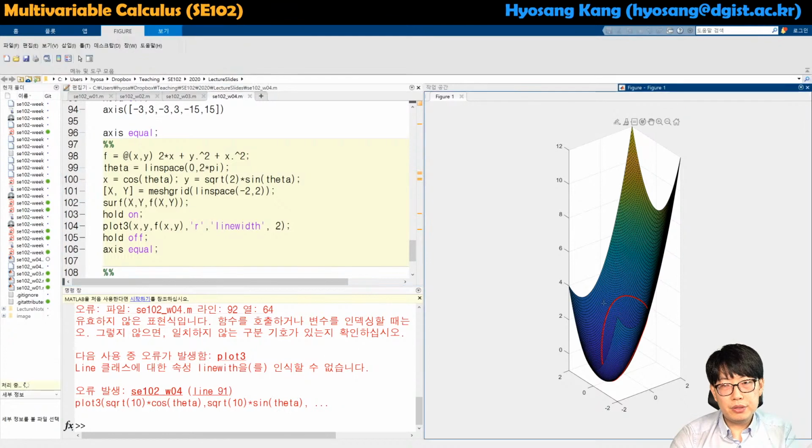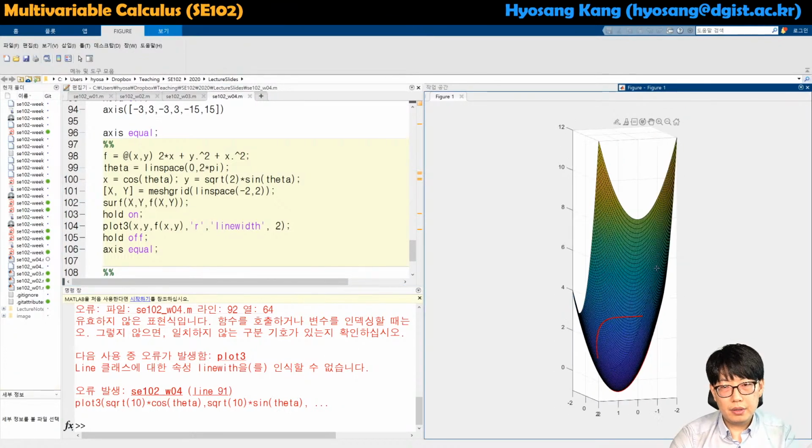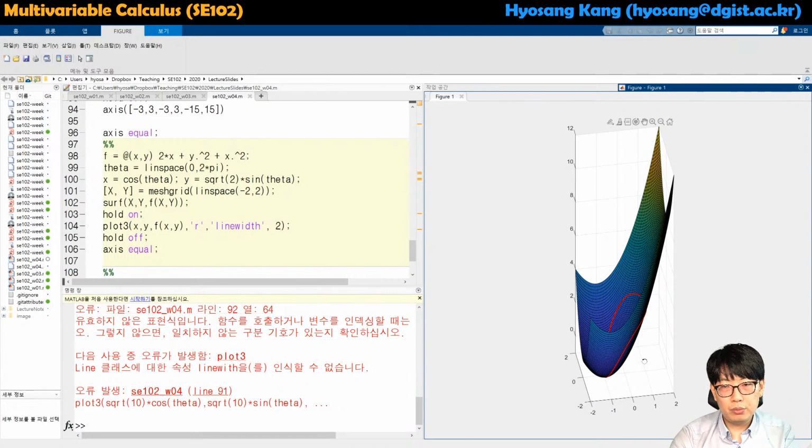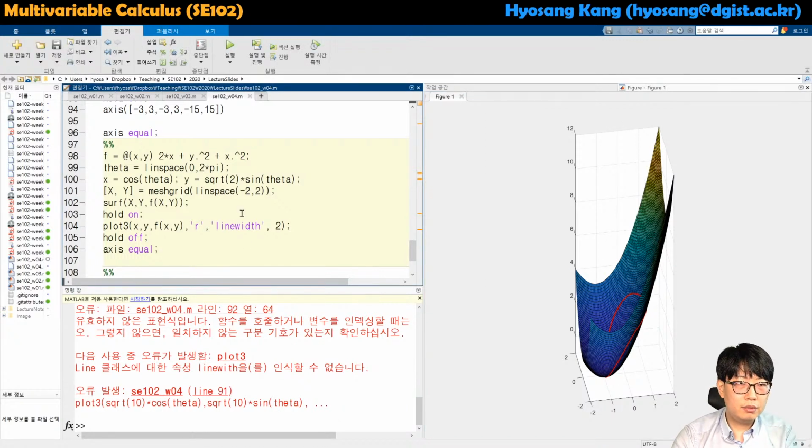So this is our picture. You see the red one: if you project this red line down onto the xy plane, you get the elliptic point. So maybe I can draw it again. Plot3 x, y, 0 sides of x, and blue, line width 2.